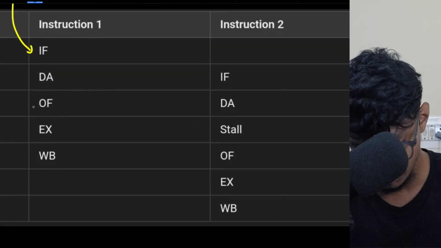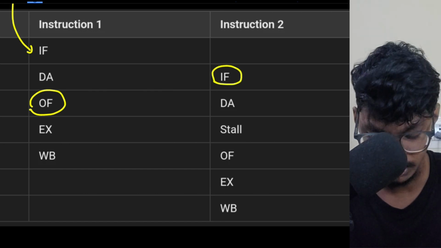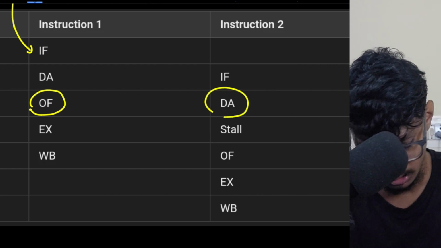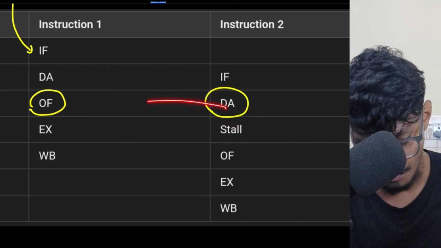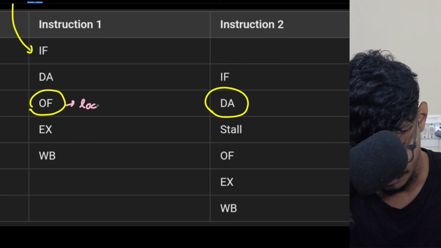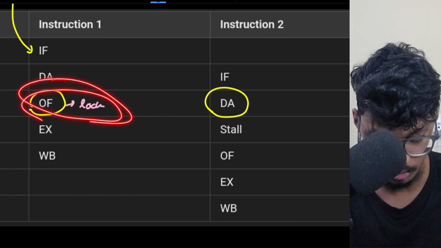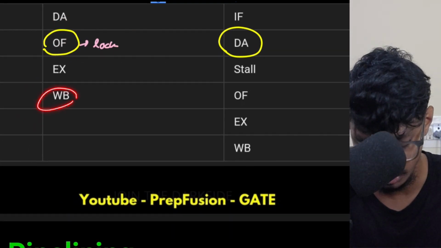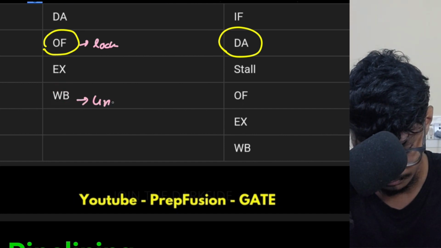As soon as I do the operand fetch, and I understand in the next instruction, in the decode phase, that I have to use the operands of the previous instruction, I put a lock here. The next instruction will not be able to use this operand fetch until the lock is unlocked. When will the lock be unlocked? Here, after the write back only, this will be unlocked.